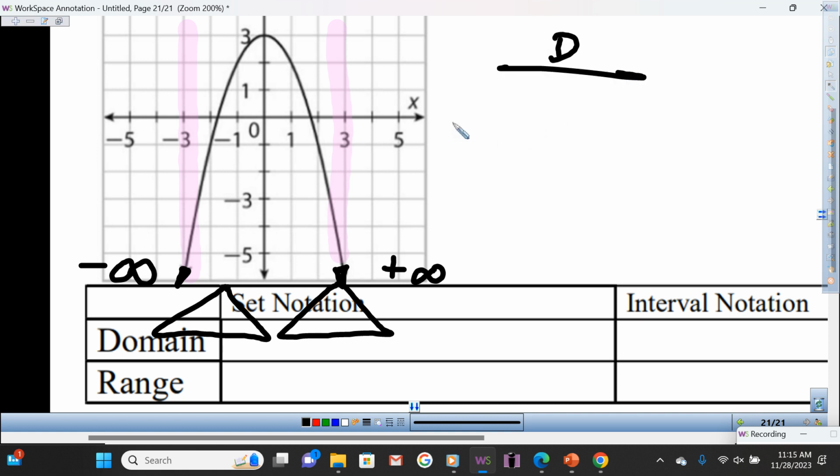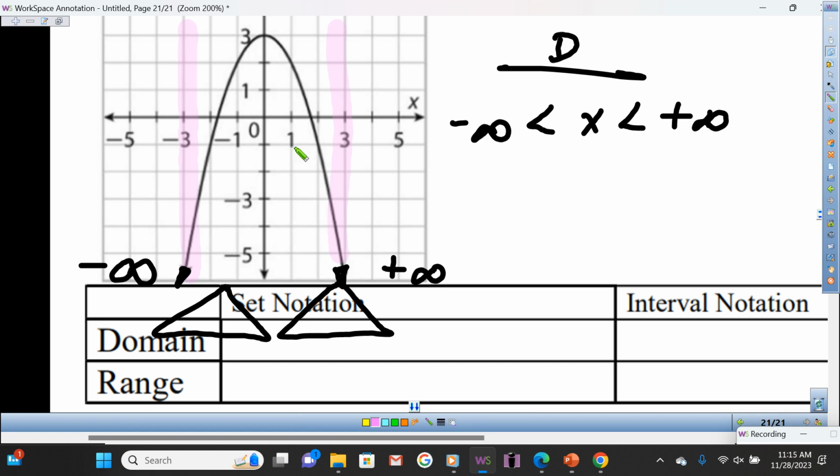Domain from negative infinity less than x less than positive infinity. Yes? Because it covers all these values right there.